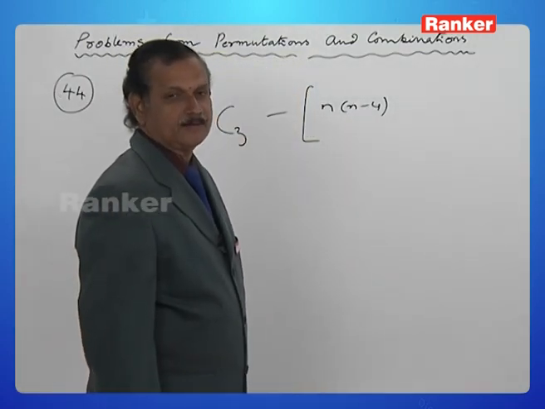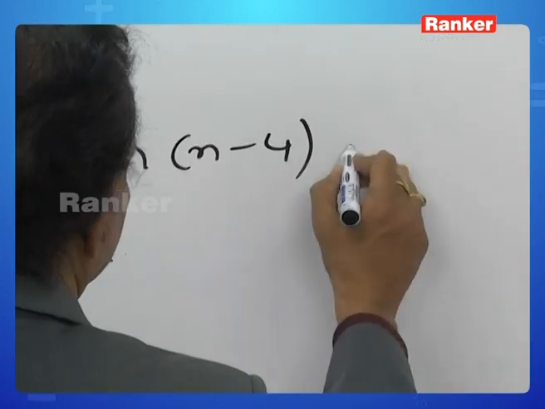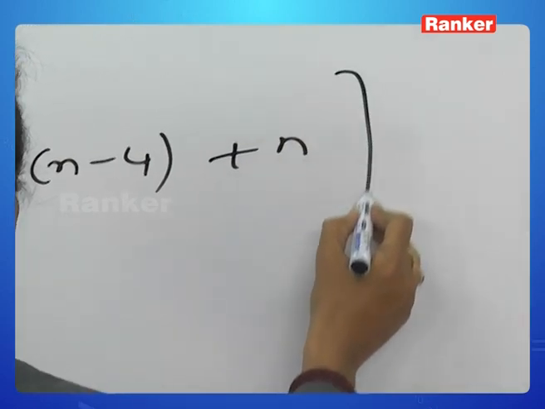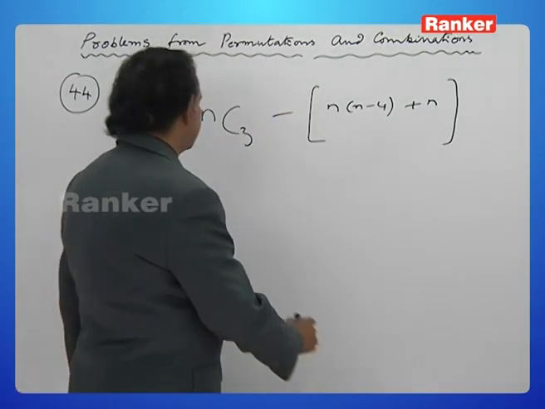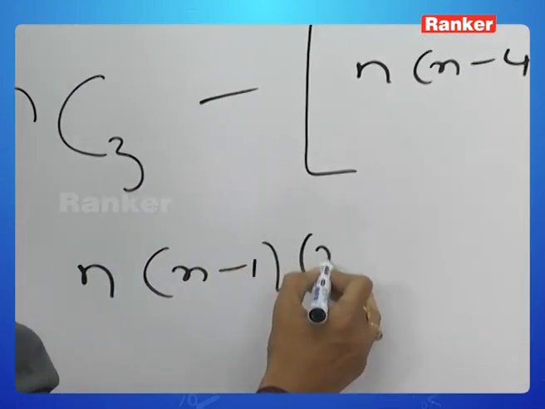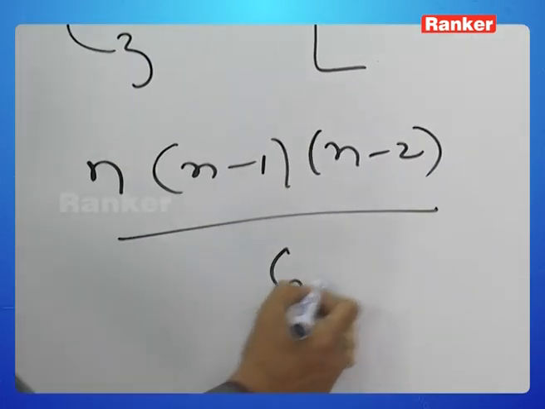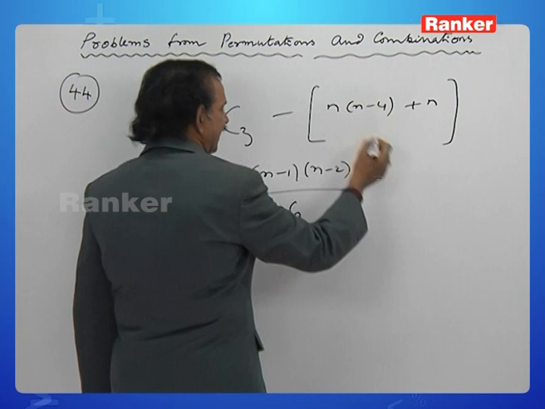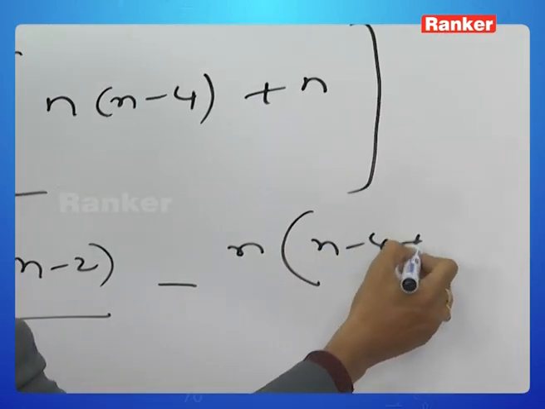And the number of triangles with two sides in common is n. These are to be deleted. So this is n into n minus 1 into n minus 2 by 3 factorial, which is 6, minus n into n minus 4 plus 1.